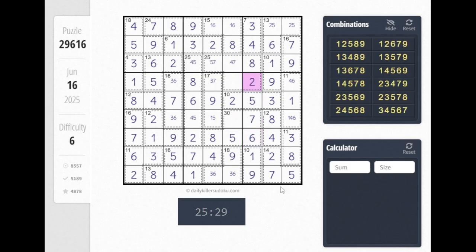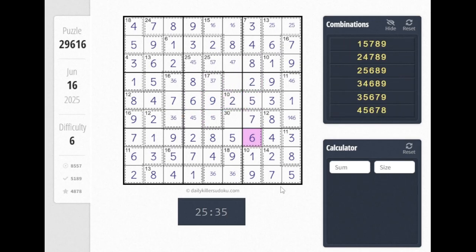Always nice to just double check where these things are coming from. 5, 6, 7, 8, should be... if it was 7, 8, 9, 6, 7, 8, 9, 35, so it should be 24.